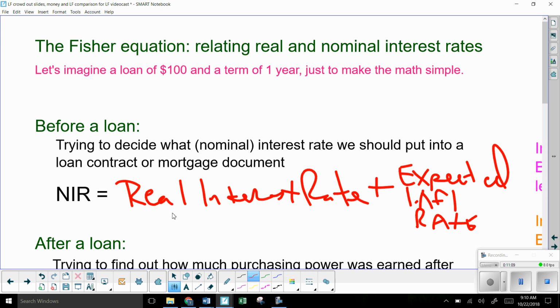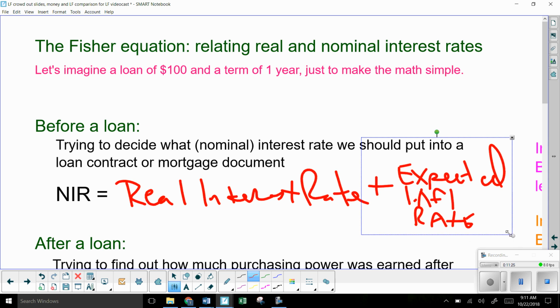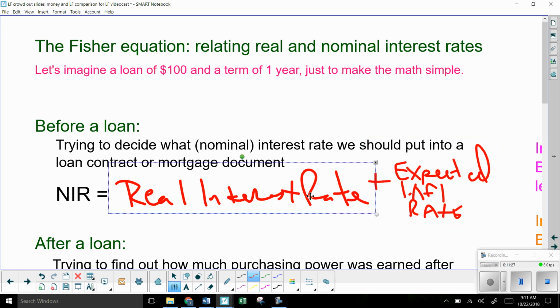So I'm going to take the real interest rate that I think I should charge you based on your likelihood that you're going to flake out and not pay me back, or the inconvenience of having an asset that's less liquid in the short term here. And then I'm going to add to it however much I think prices are likely to rise.